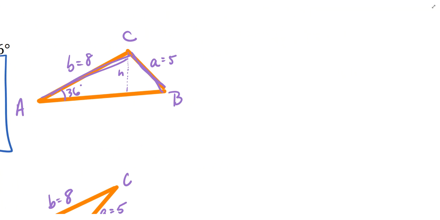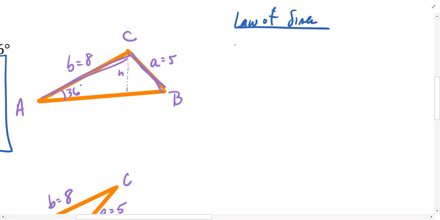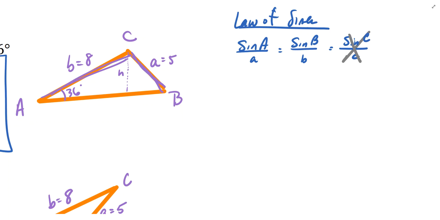Even though this is labeled the ambiguous case, we still use the law of sines to solve it. And the law of sines states that sine of angle A divided by side length A is equivalent to sine of B divided by side length B, which is also equivalent to sine of C divided by side length C. Now, I think I'm going to ignore this component of the law for just a moment because I'll note that sine of A, well, A is provided, divided by side length A, that produces a ratio for me to use.